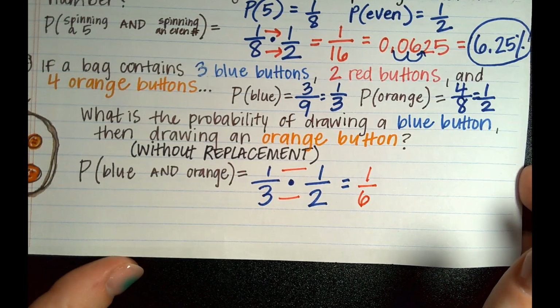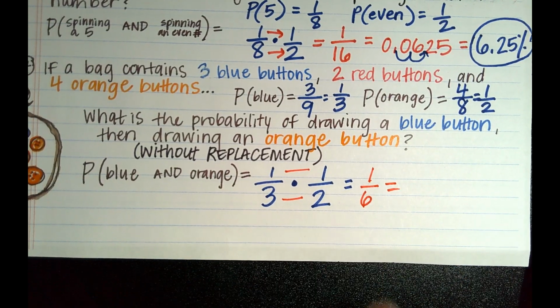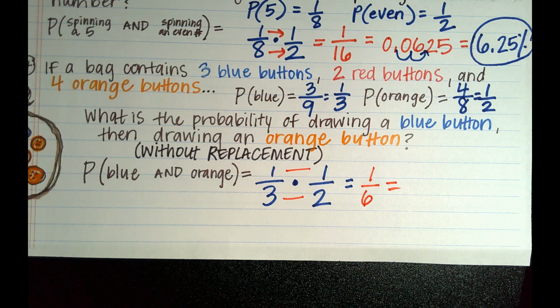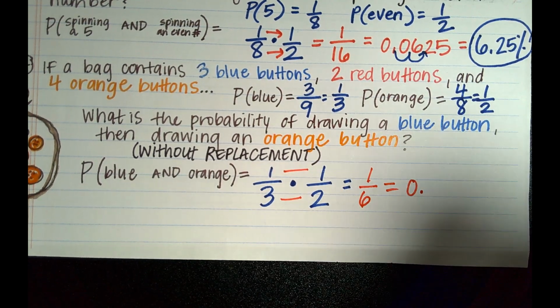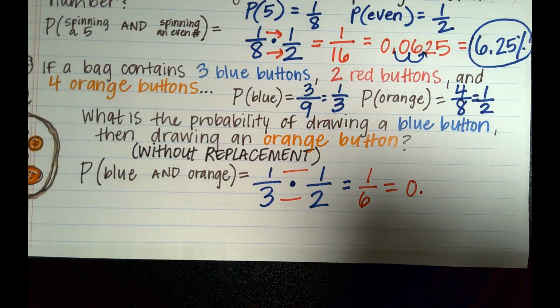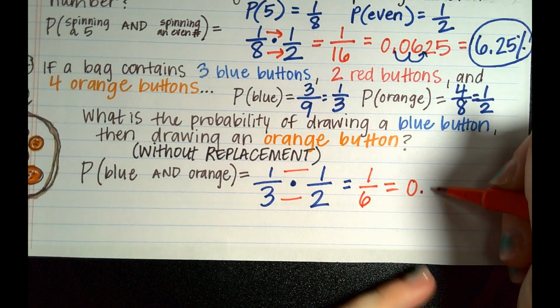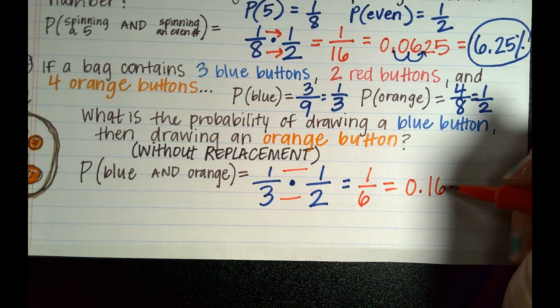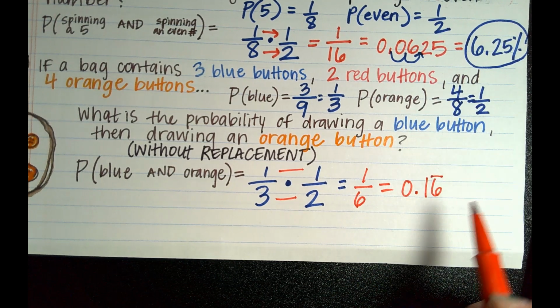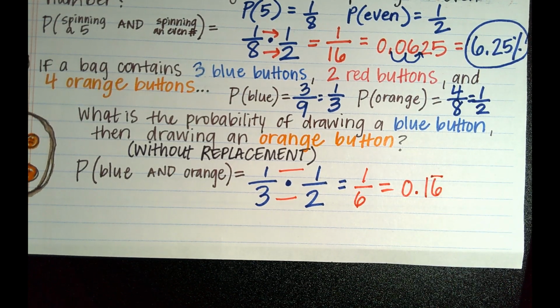That is our probability. What would it be as a decimal? 0.166? Perfect. You'll see that 6 is going to repeat forever and ever. We could just put a little line over the top of it, 0.16 repeating.